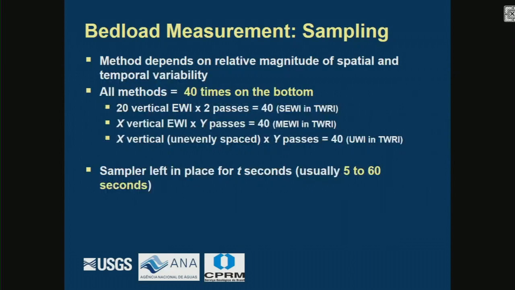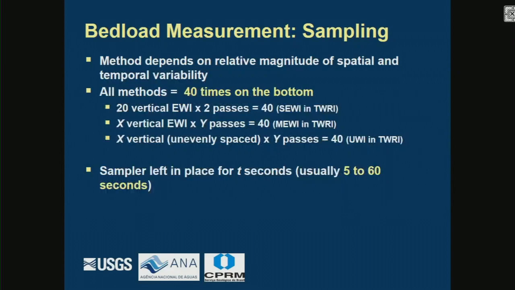It's very similar to the EWI with the suspended sediment. But they have these other options because, as you saw in some of my opening slides, the bed load can be fairly erratic. So they make it a little more flexible where you can vary what you're doing.